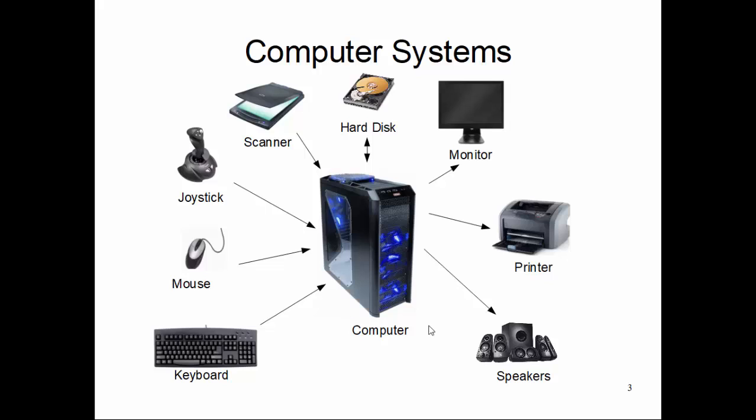Those are all what we call peripheral devices, and each of them has its own purpose. Like the keyboard is to enter your typing commands, enter your programs and stuff like that. Mouse, we all know what that is. There are many other different components, I just picked a couple of the most popular ones that we can relate to.